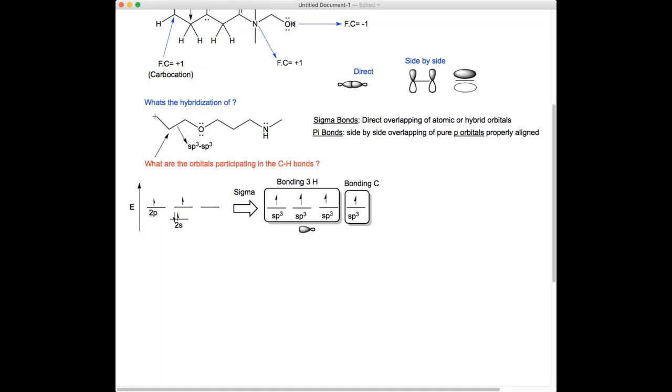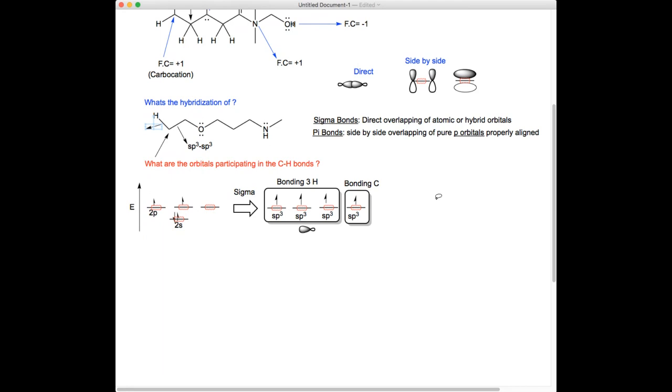Okay, the remaining CH bond here, I'm going to write it just in case it's not clear for everybody. So this sigma CH, once again, how many orbitals are participating in this sigma bond here, guys? CH bond, how many orbitals are participating in that bond? 2 orbitals, perfect.